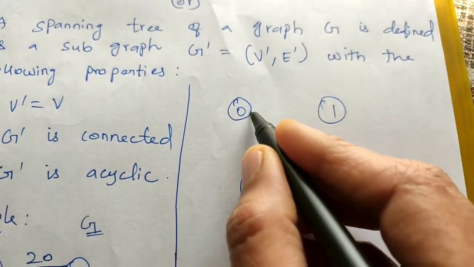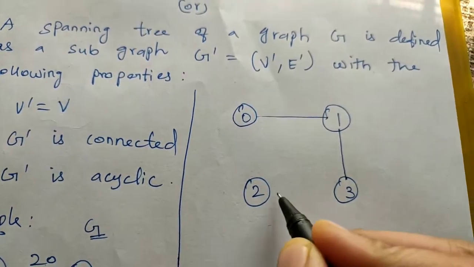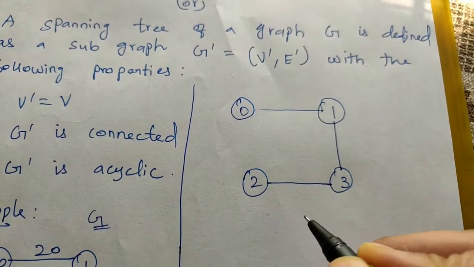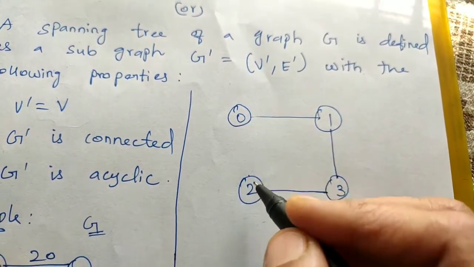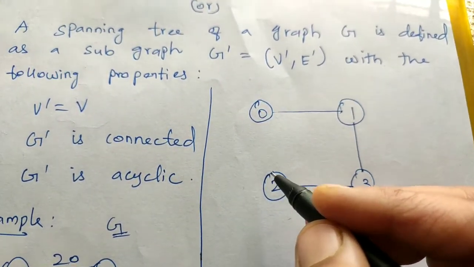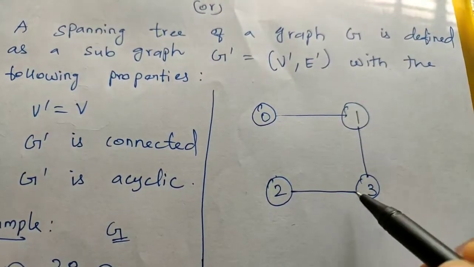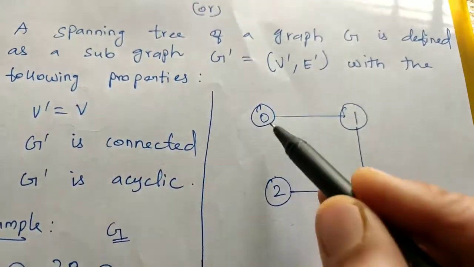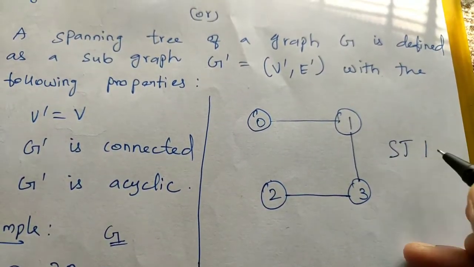I connect 0 to 1, 1 to 3, 3 to 2. I will not connect 0 to 2, because that would form a cycle. As per the spanning tree definition, I have a connected graph without a cycle. So this is spanning tree 1.